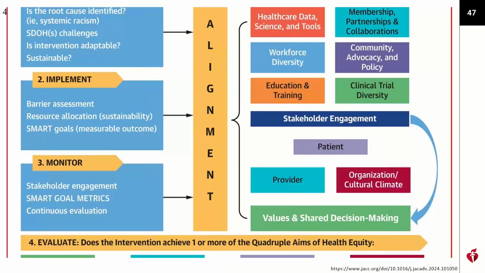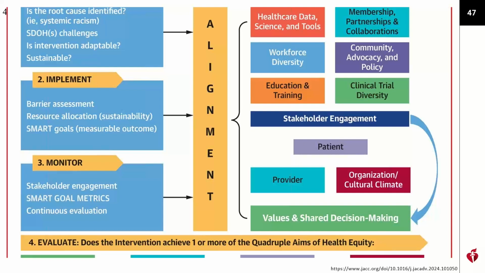And this is our action plan from the American College of Cardiology. This is part of our action plan that we design and implement programs that help us to address those social disparities. We implement, and then we monitor our success, and we have reasonable goals and expectations, and then we have metrics that help us to understand how we're doing.